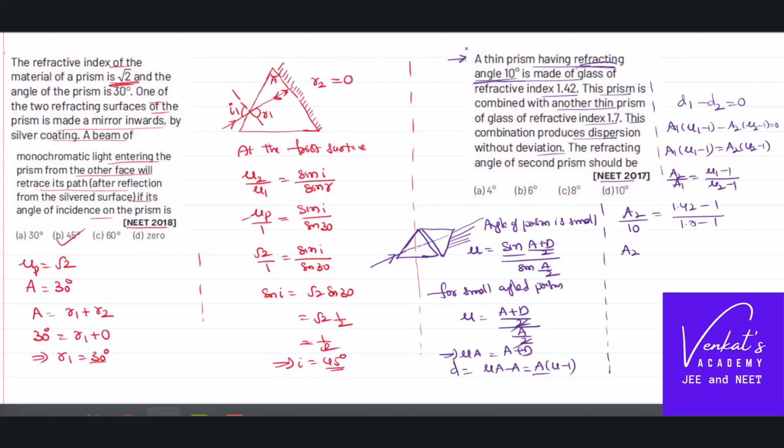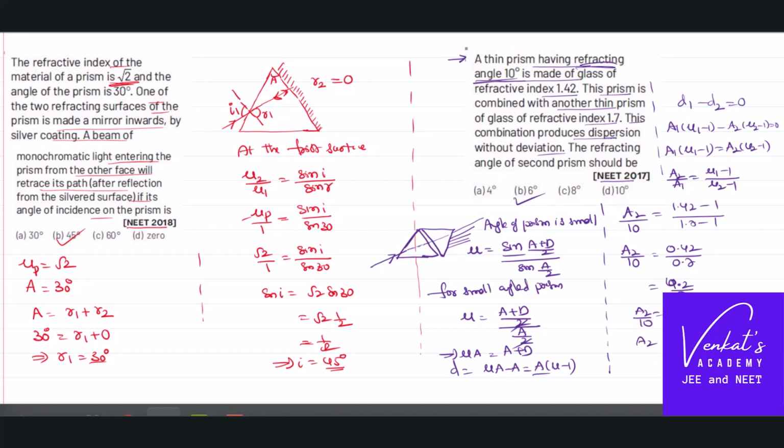So A2 by 10 equals 0.42 by 0.7. 0.42 by 0.7 means we can say 4.2 by 7. That is 0.6. So A2 equals 0.6 into 10, that is 6 degree.